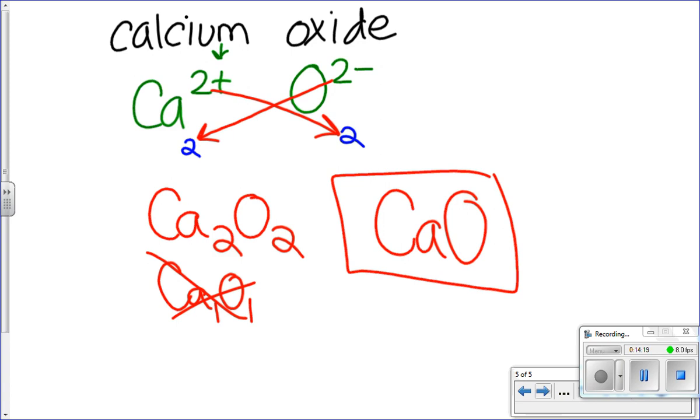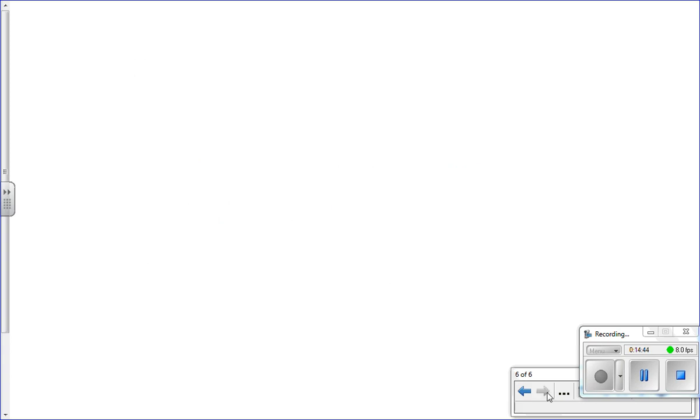What if that was a 2? Let's do one where we wouldn't reduce it. Let's do aluminum oxide.